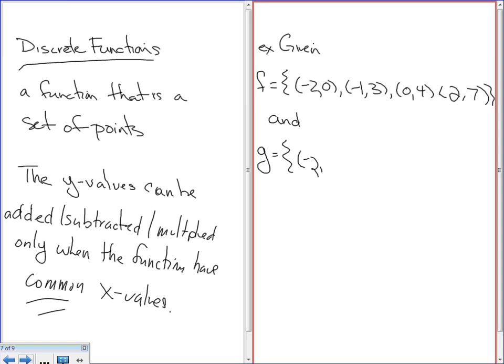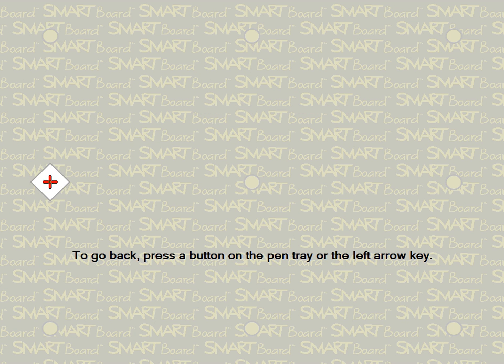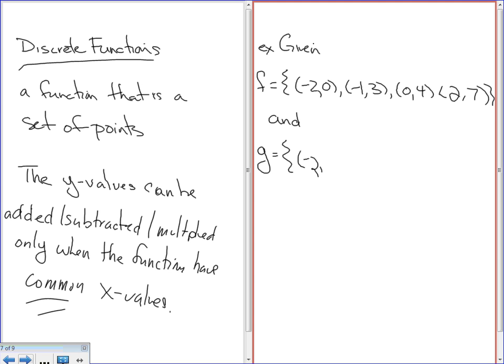My pen's already not working. Hopefully it works. (-2, -4), (-1, -1), (0, 5), and (3, 8).